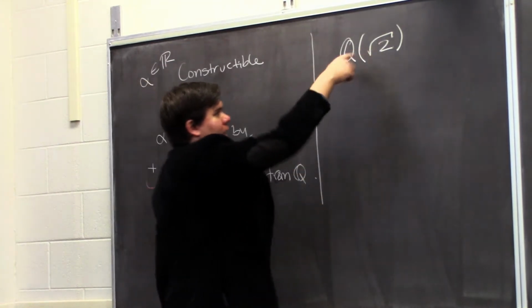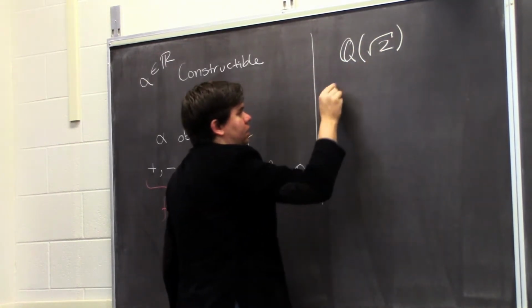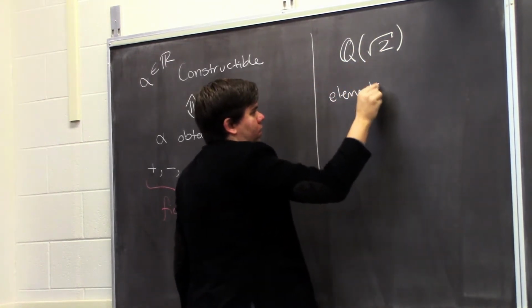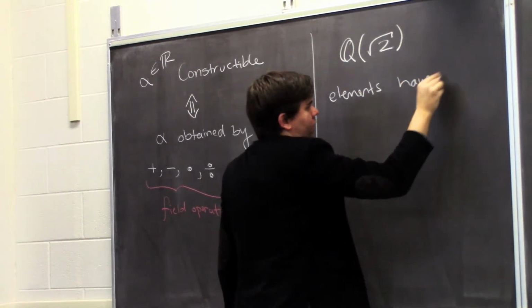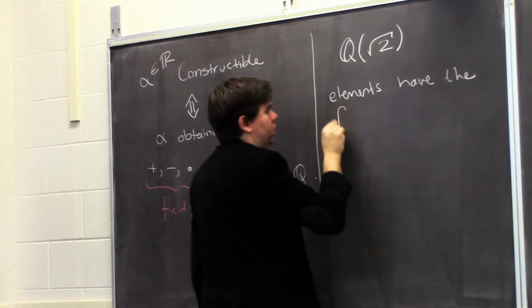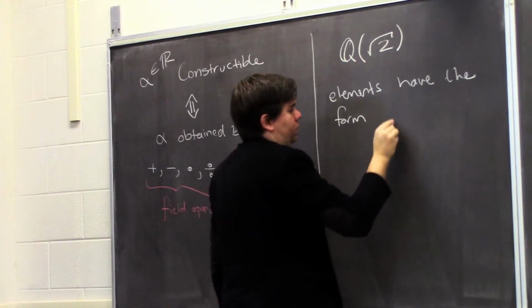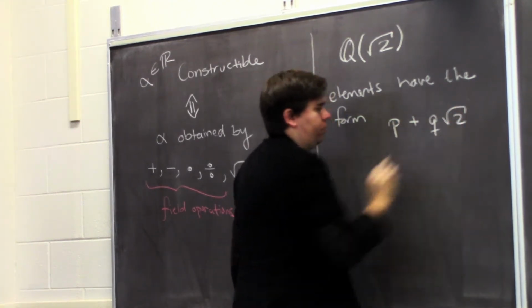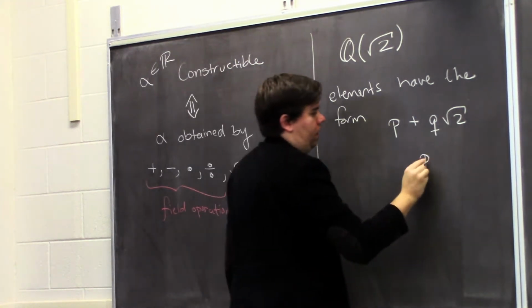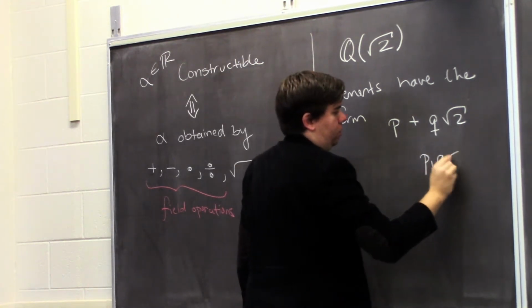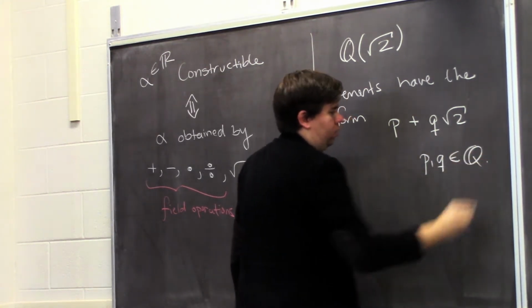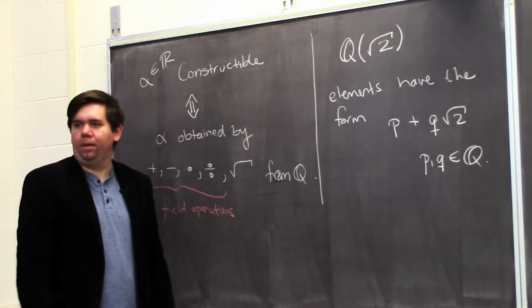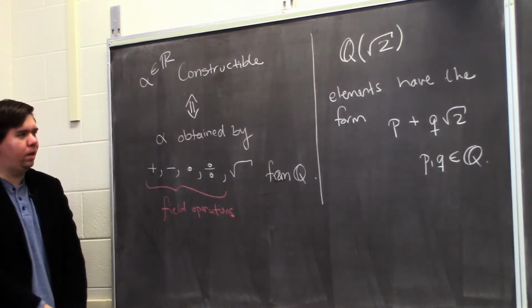Elements in this field have the form p plus q times the square root of 2, where p and q are rationals.